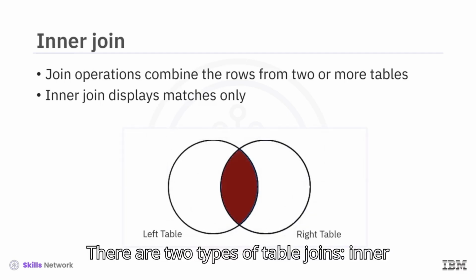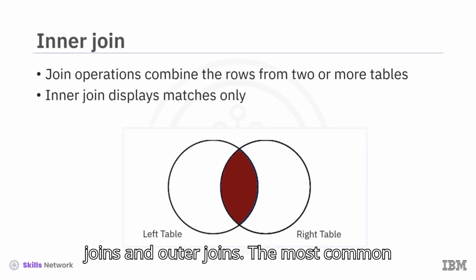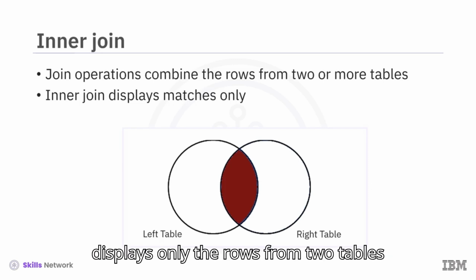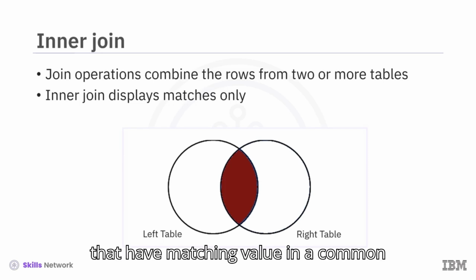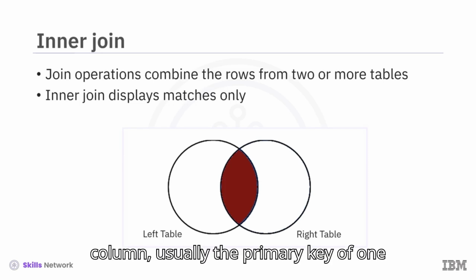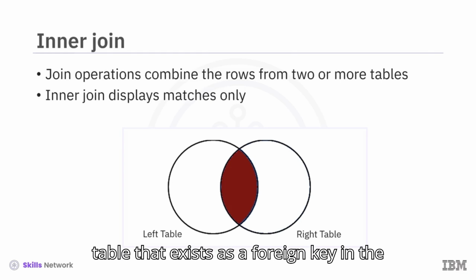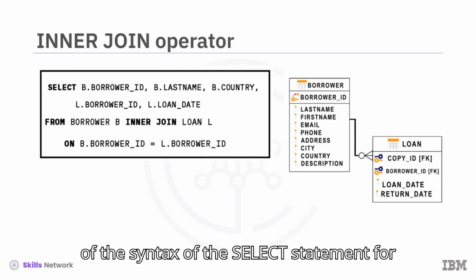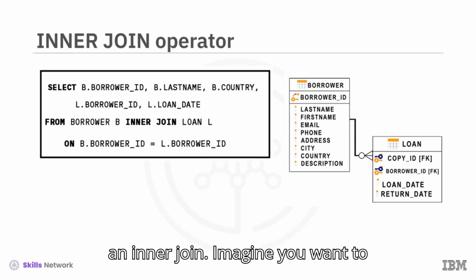There are 2 types of table joins: inner joins and outer joins. The most common type of join is an inner join, which displays only the rows from 2 tables that have matching value in a common column, usually the primary key of one table that exists as a foreign key in the second table. This is an example of the syntax of the select statement for an inner join.